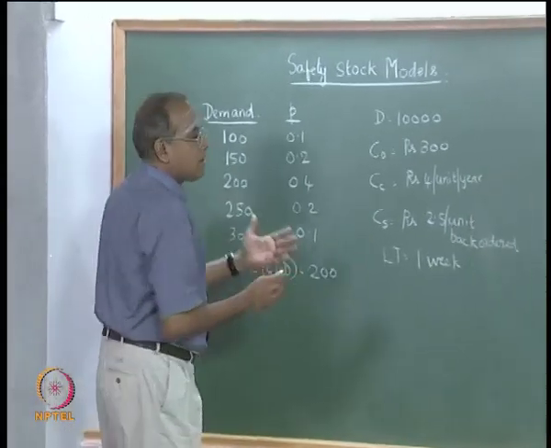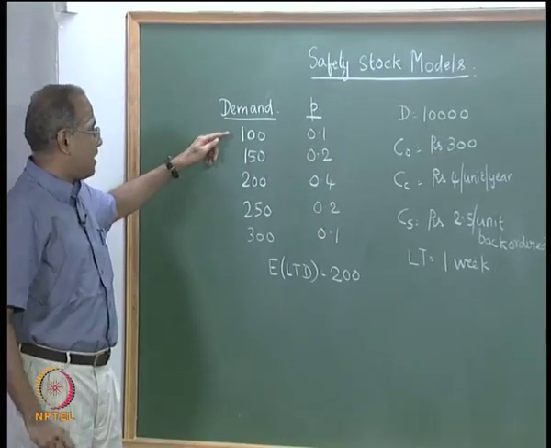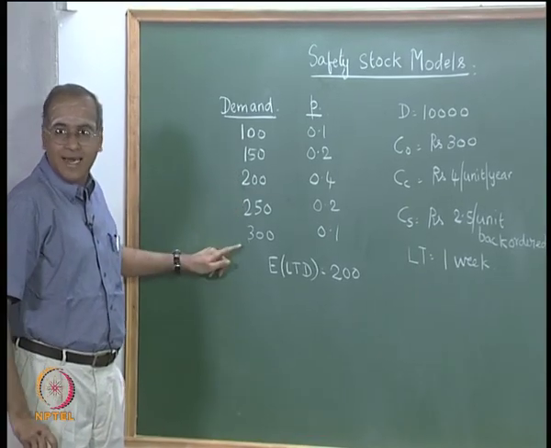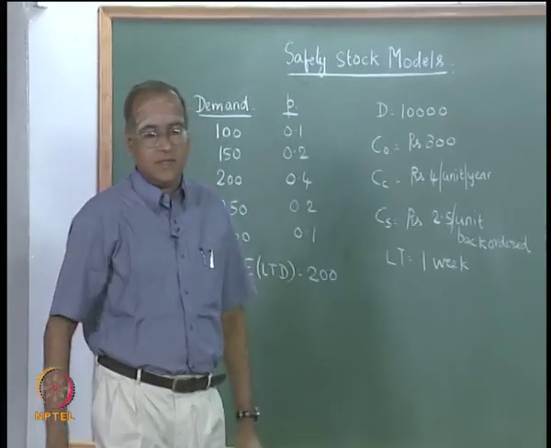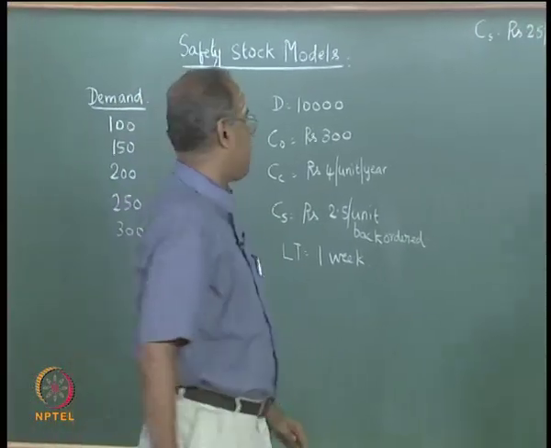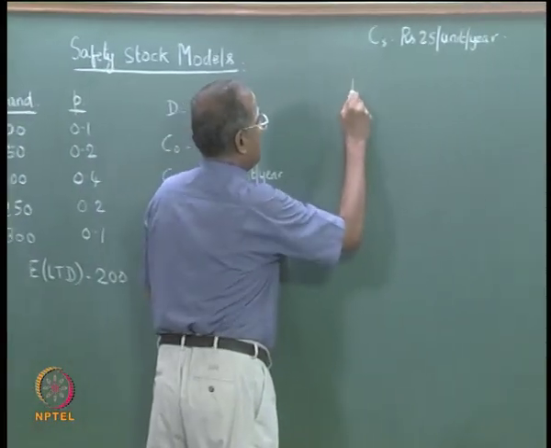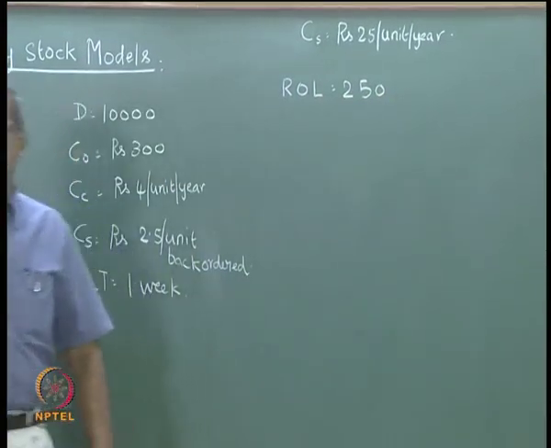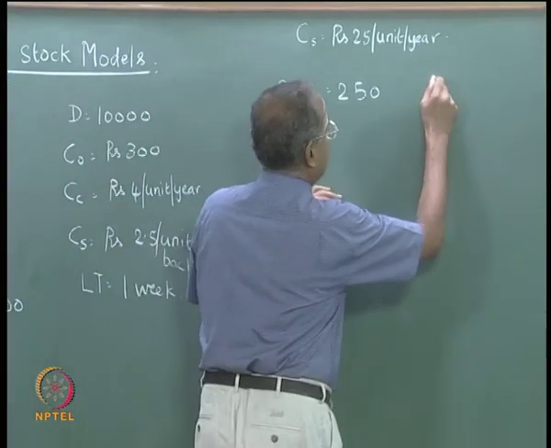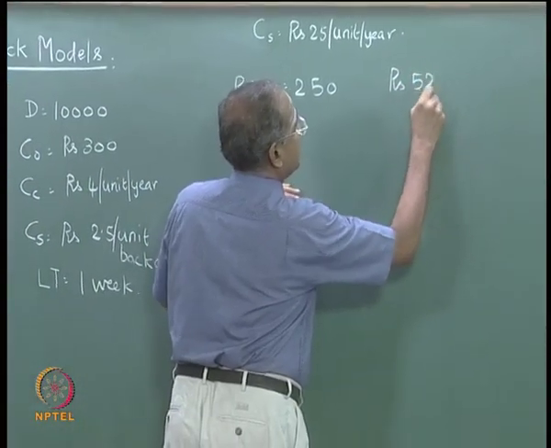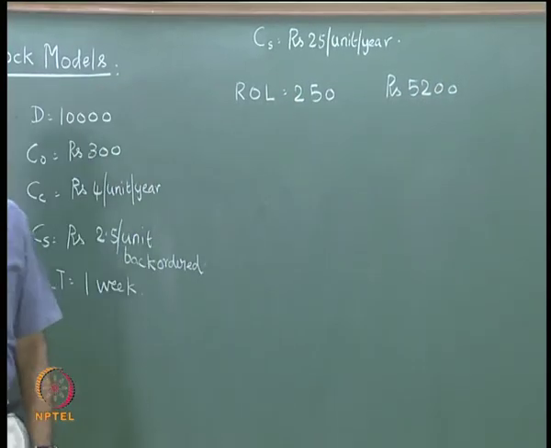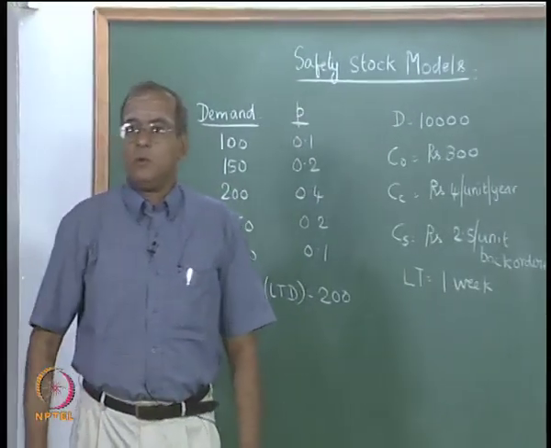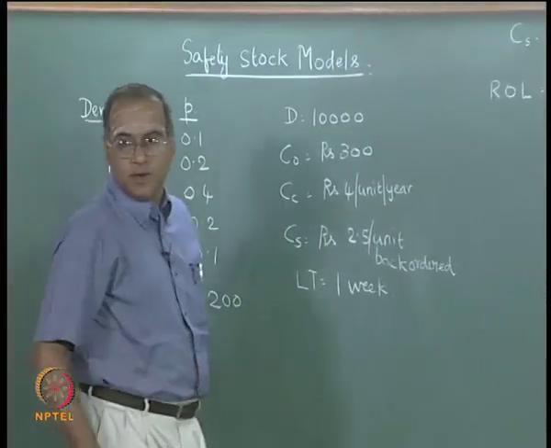We showed the total cost computations for reorder level equal to 100, 150, 200, 250 and 300, and at the end we said that a reorder level of 250 was optimum, which had the least annual cost of rupees 5,200. We also explained how we got that 5,200, and we compared it with the basic inventory model.